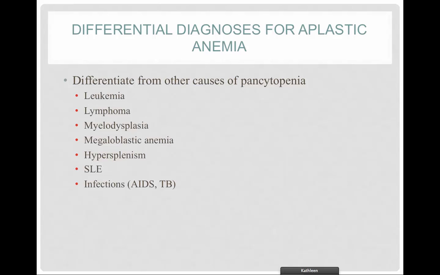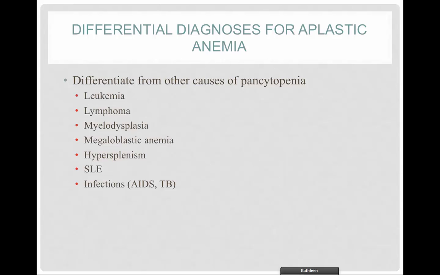Differential diagnosis for aplastic anemia: differentiate from other causes of pancytopenia, which is reduction in RBCs as well as platelets. Pancytopenia is a medical condition where there is a reduction in the number of red and white blood cells as well as platelets.